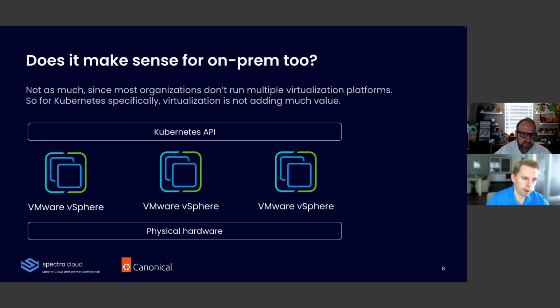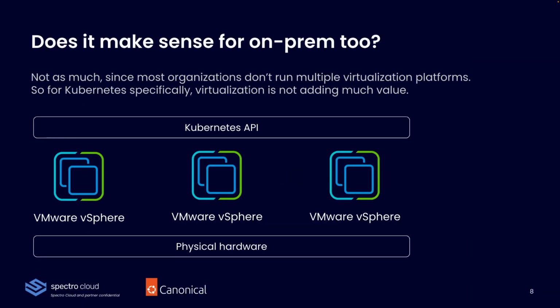But what about on-prem? Do the same benefits apply there? Well, not as much really. Most don't really run more than one virtualization platform at scale in their own data centers. Sure, maybe you'll find some alternative platforms in small pockets here and there, but for the most part, it will just be a single platform that gets standardized on.